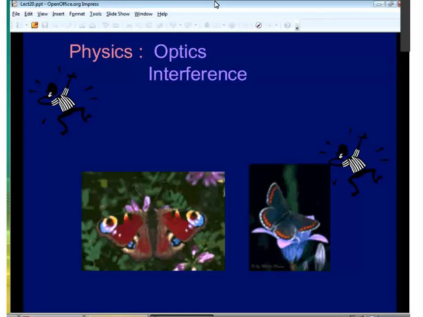You know that light has dual behavior, and in this topic of wave optics, we will be talking about the wave behavior of light.